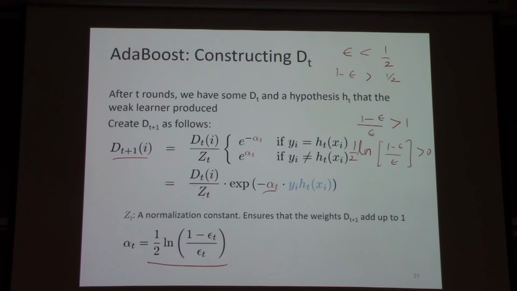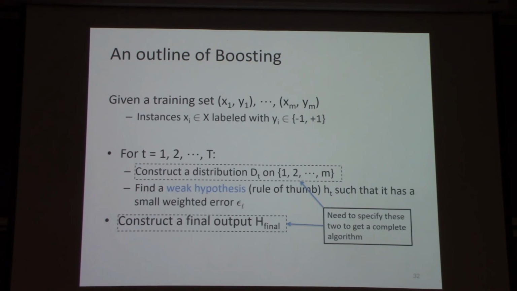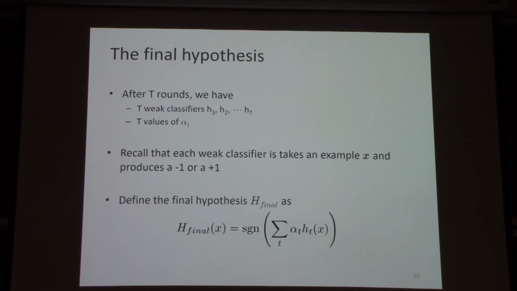It turns out this alpha does double duty. Remember that we needed a way of combining the hypotheses? This is the same alpha that we'll use for combining them. This alpha is not just used in updating the D, it's also the vote that this particular hypothesis h_t gets in the final prediction. So we need a way of specifying two things: how to construct a distribution, which I just showed you, and how to construct the final output.